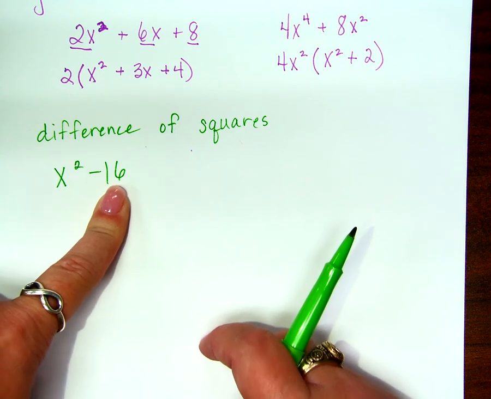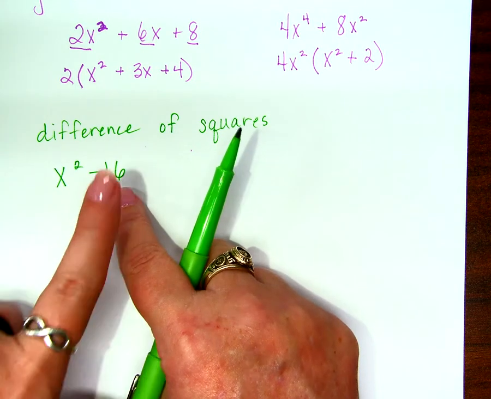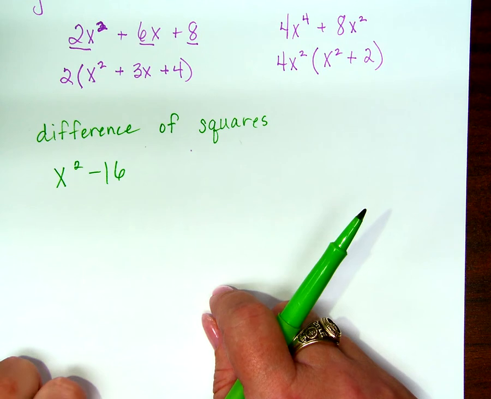Anything that can be square rooted, right? It's called a square because it's a squared number. It's a number that's something times itself. That's a squared number. Okay?